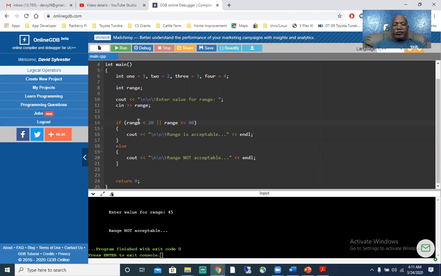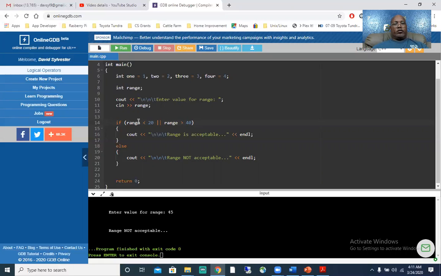Remember, that's the pipe symbol, which is hold on the shift key and the backslash. Okay. And greater. So now, whatever I put in for range, if it's less than 20, it'll be true. If it's greater than 40, it'll be true. Because remember, with OR, either side can be true, and it's true.